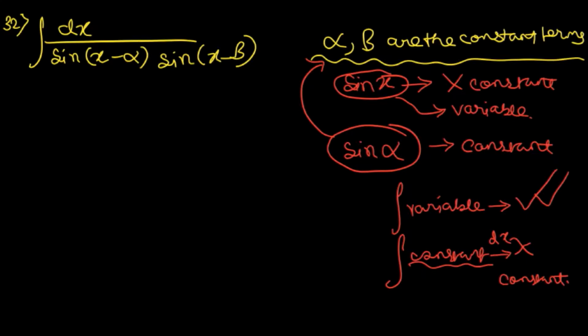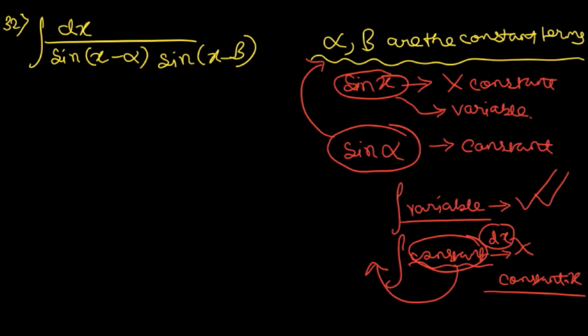So the constant comes out, and integration of dx gives x. Obviously you can see integration of a variable is possible, but integration of a constant is not possible. So this is the basic principle of this question.